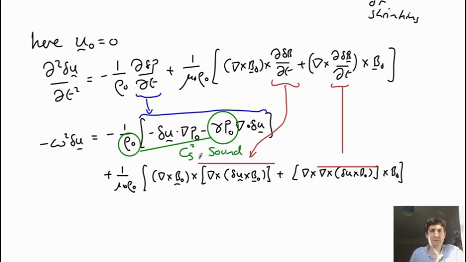And for example, these terms here, we have a b naught here and a b naught, so we have b naught squared, and here we have a mu naught rho naught. So b naught squared over mu naught rho naught is the Alfven speed. This is v Alfven squared.